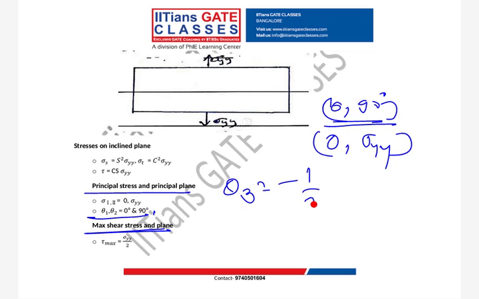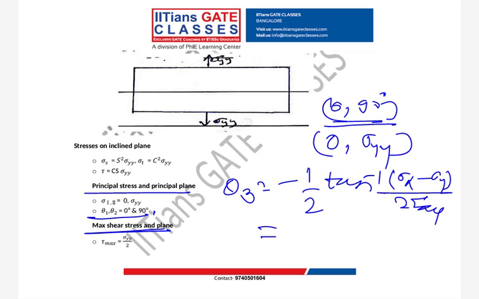It is minus 1 by 2 tan inverse of sigma x minus sigma y upon 2 tau xy. So my theta here will come 45 degree. Why 45 degree? Because tan inverse minus infinity is minus 90, and minus minus becomes plus. So it will come 45 degree and then 135 degree.